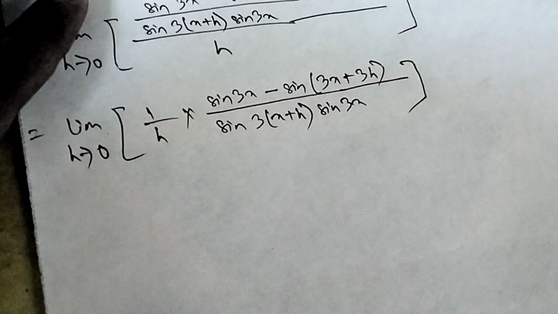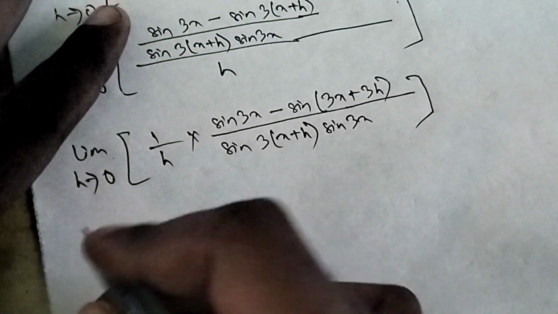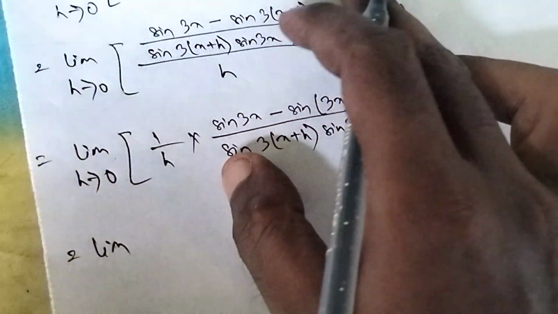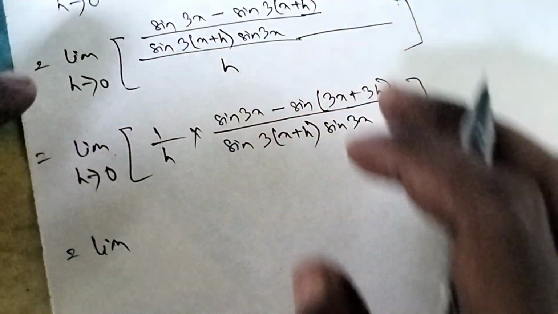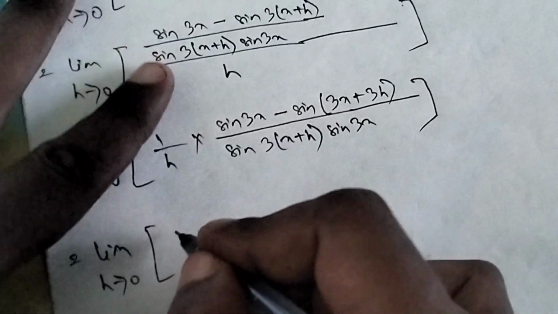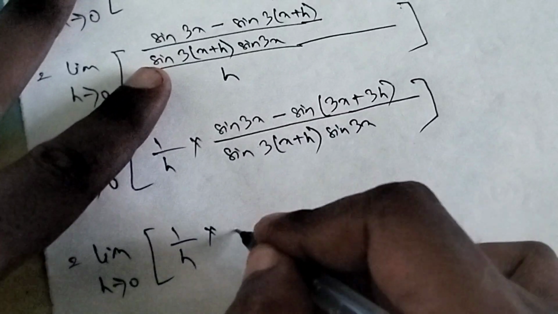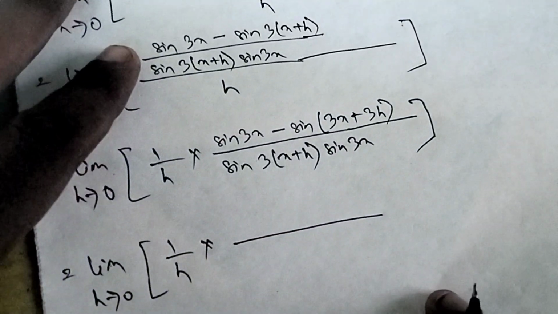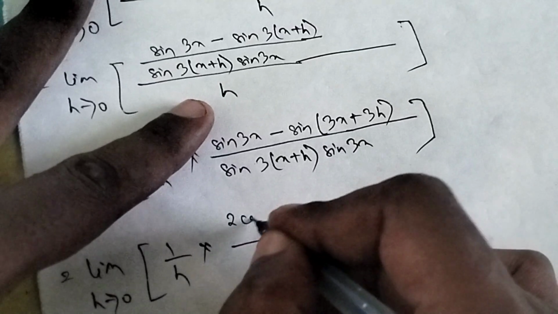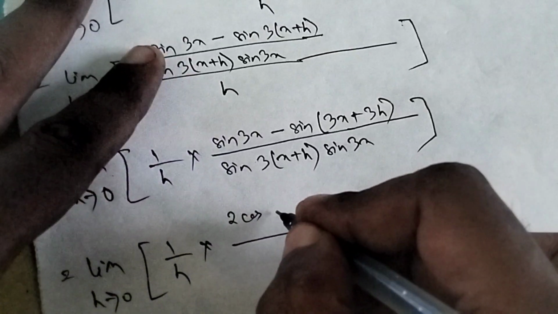So this will be limit h tends to 0, 1 by h into sine C minus sine D. What is the formula of sine C minus sine D? 2 cos (C plus D) by 2 into sine (C minus D) by 2.